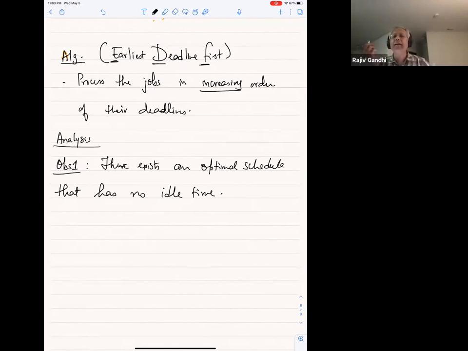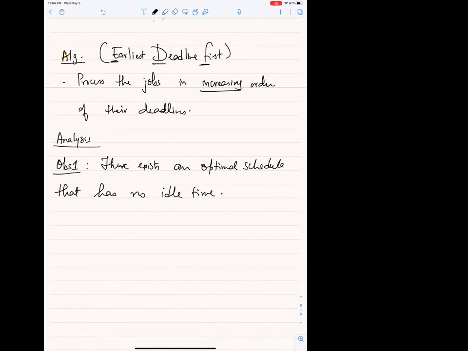Obviously, because if there is idle time, I can just move the jobs next to each other and it will be scheduled. Utkarsh, go ahead. You want to say something? Sir, but suppose that if the processing time is much greater than the deadline, you said that every job delayed by 10 minutes is better than one job delayed by more time, like 60 minutes.